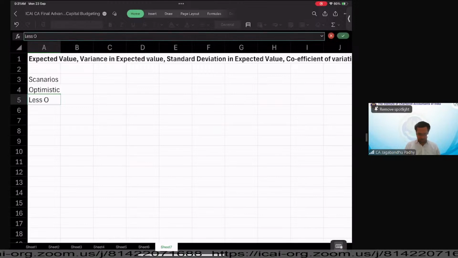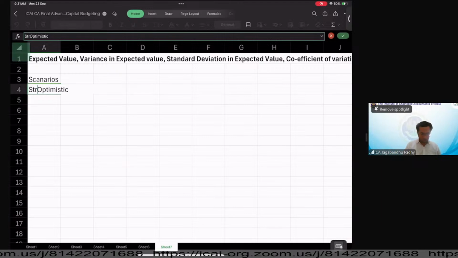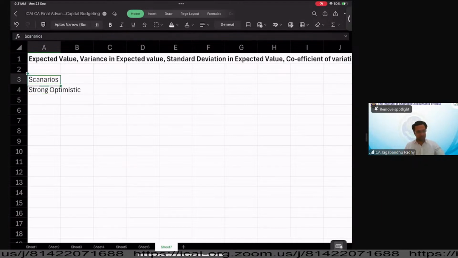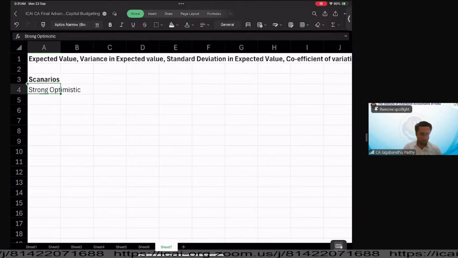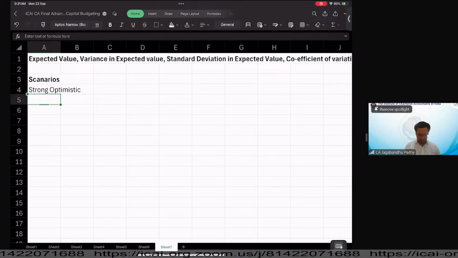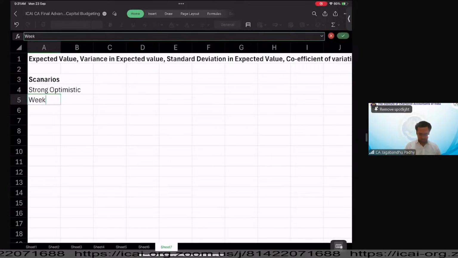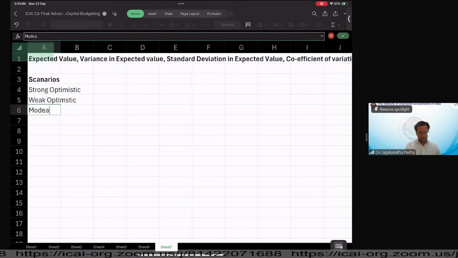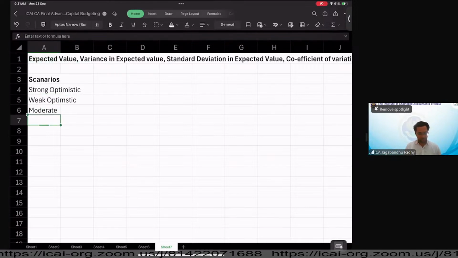Then we say less optimistic, or again, let's say this has scenarios: strong optimistic scenario. One of the scenarios that we're looking at is strong optimistic. Then we say weak optimistic. Right? Then we say we may face some moderate scenario.